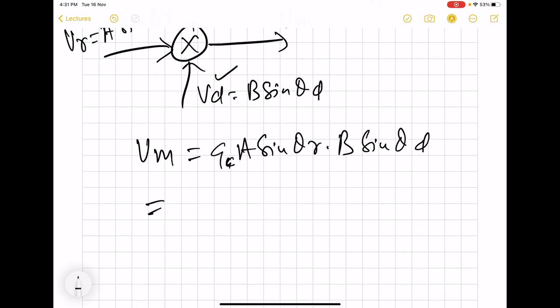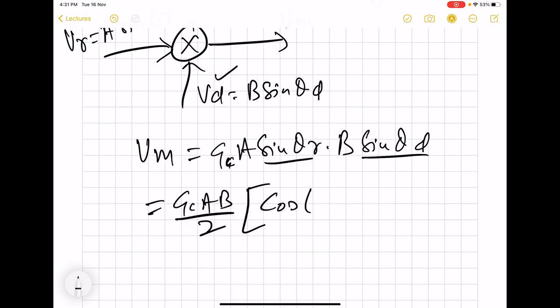Now here we see that this becomes GC AB divided by 2 into sine theta R into sine theta D. And this can then be expanded to give rise to cos of (theta R minus theta D) minus cos of (theta R plus theta D).